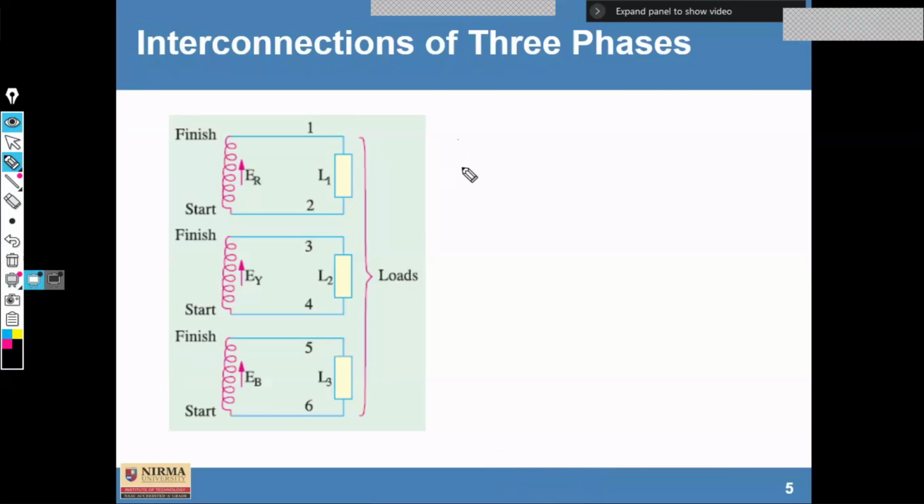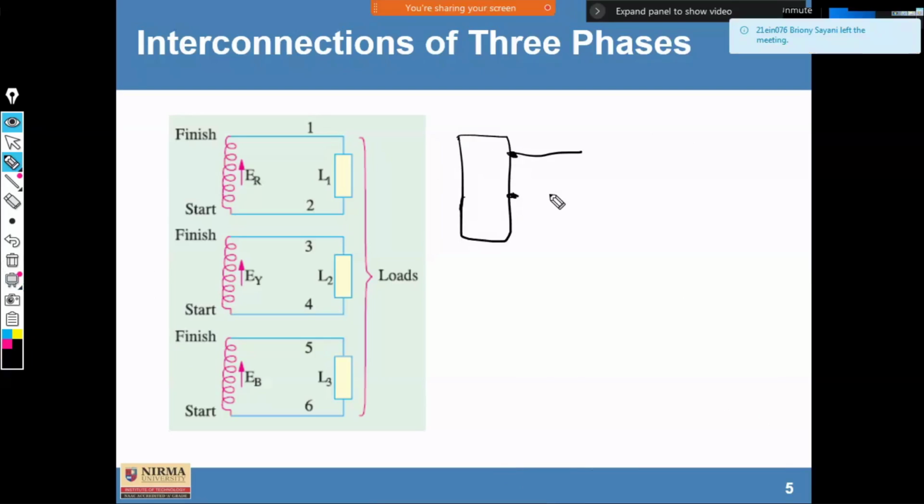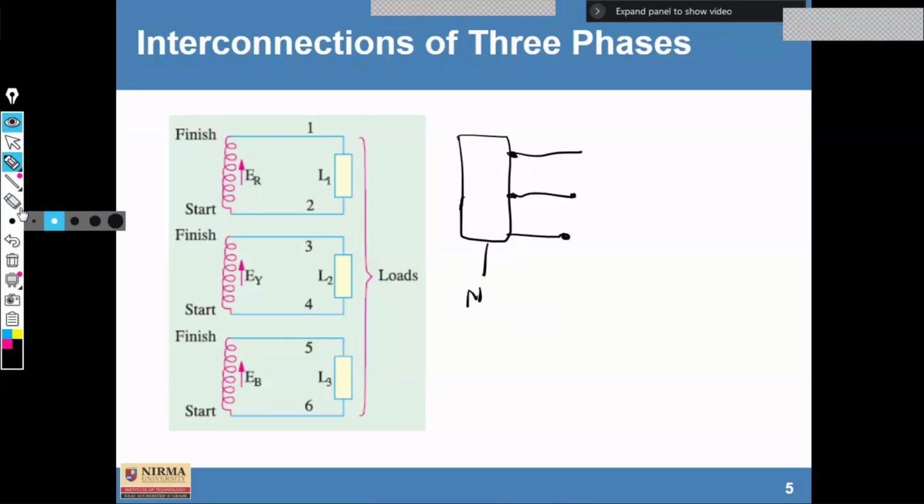Okay, so here there is a system R phase, Y phase, and B phase, and there is a neutral. Right. So if you want to connect from these three phases to a single phase, this is one apartment, this is another apartment.